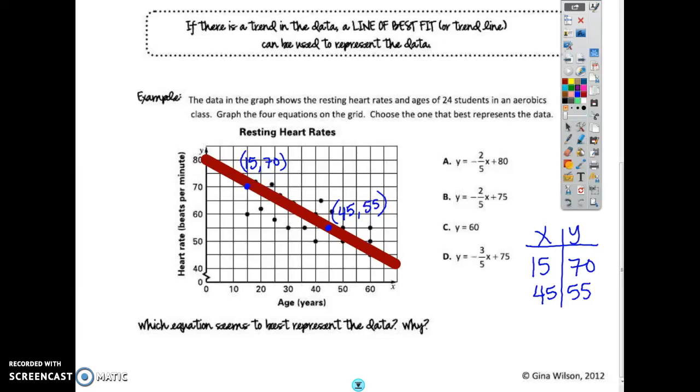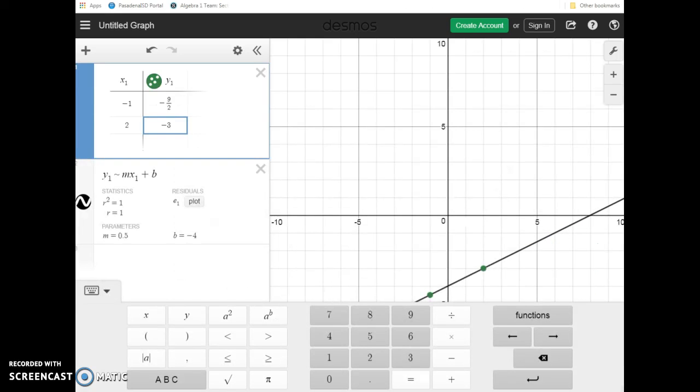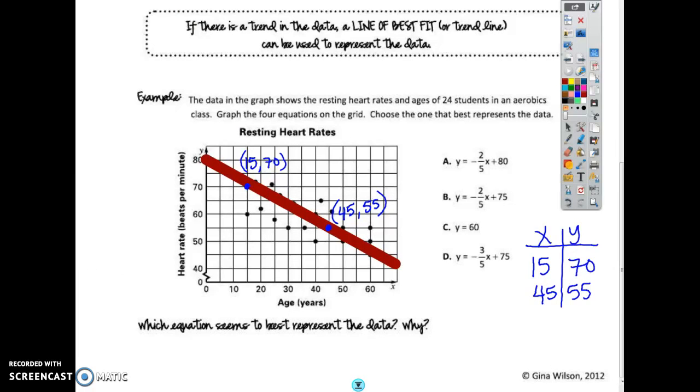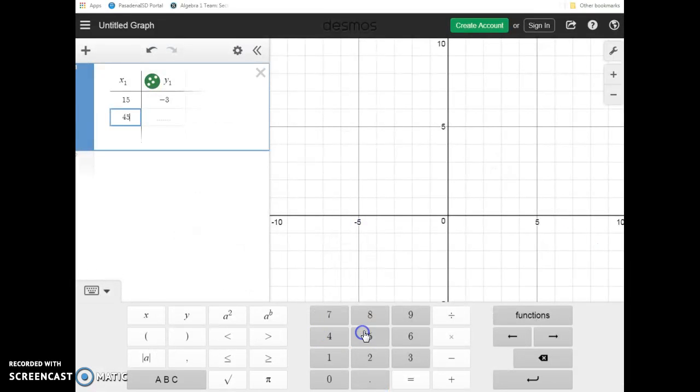Okay, so when we put our points in there, enter, what was the other one, 45, and then here we have 70 and 55.